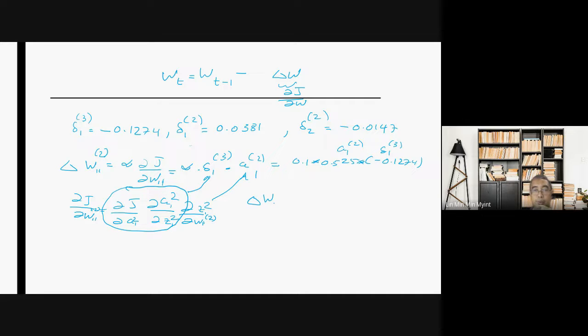Delta, this one will be to update delta W12. This will be equal to the same alpha, let's assume 0.1, multiplied with A22. Let me write down the equation first.